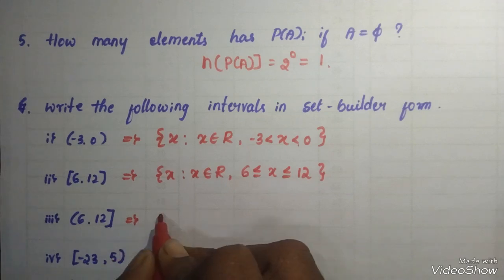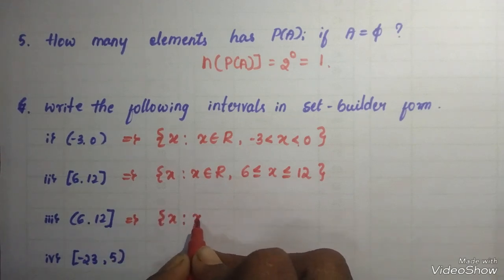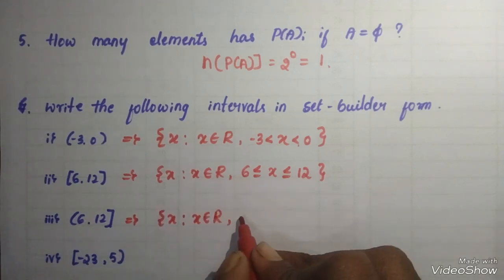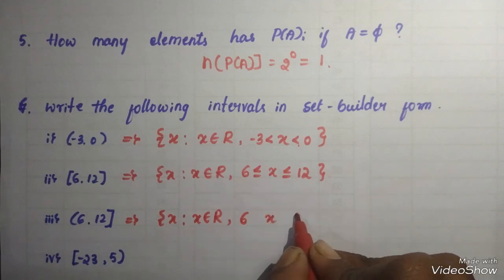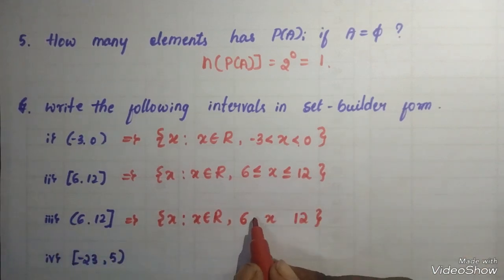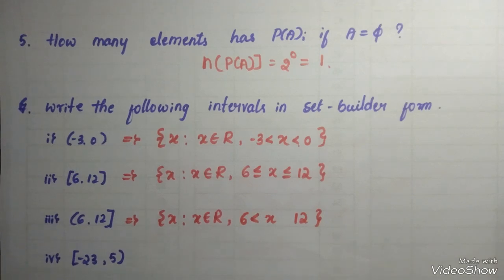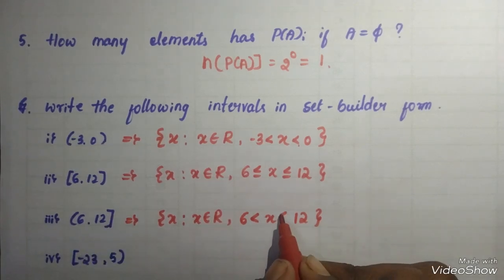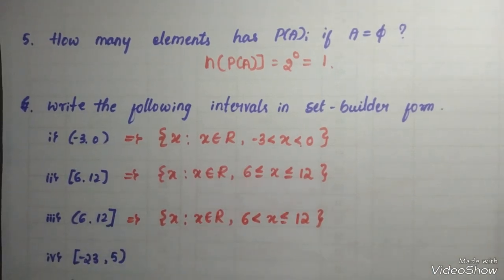Here x belongs to the real numbers and 6 < x < 12. Here there is an open interval. Open interval means only less than condition. Here closed interval, it means less than or equal to.